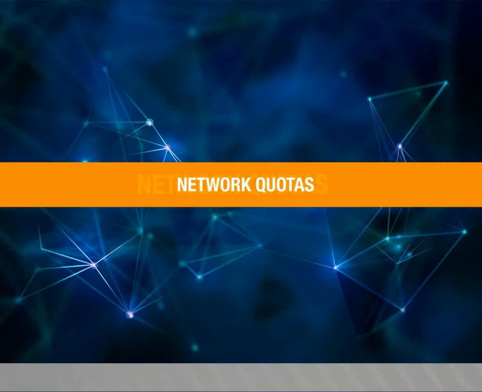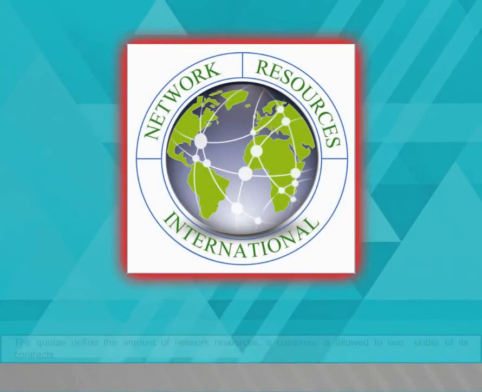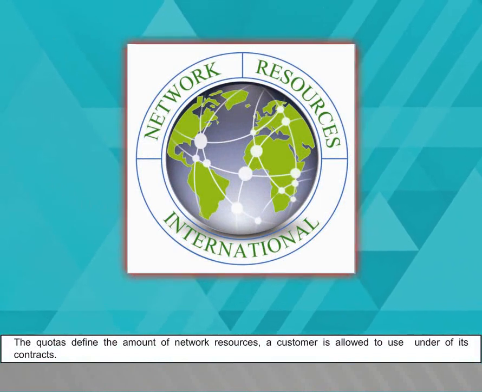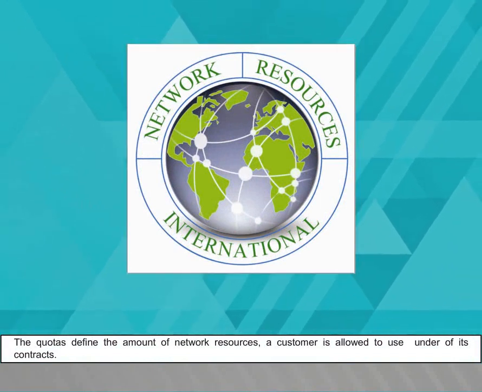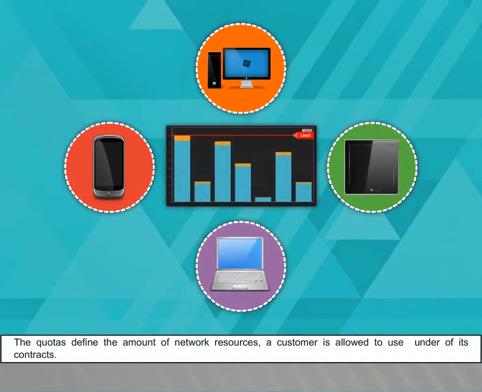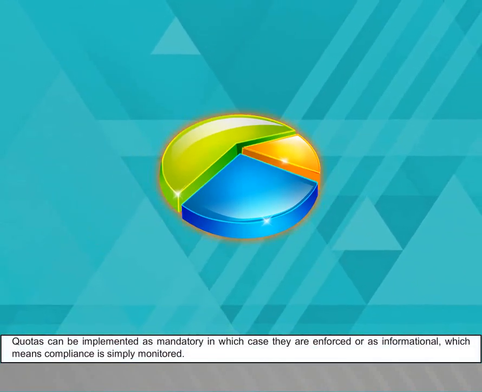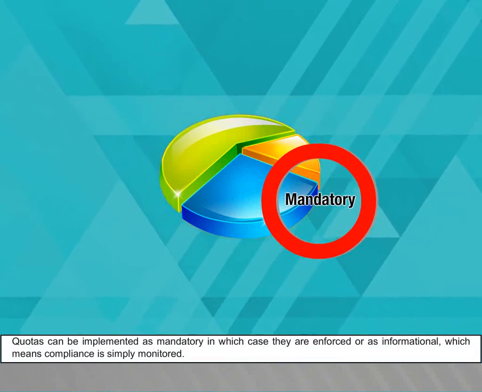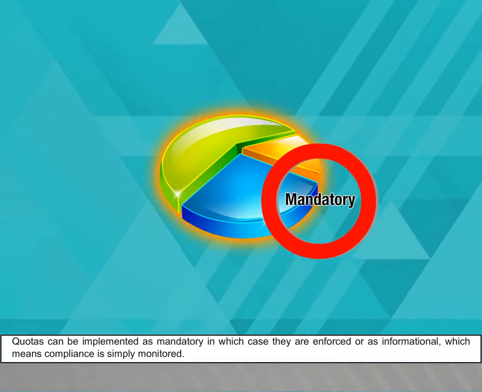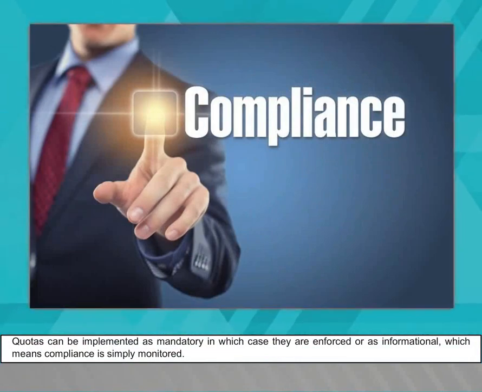Network quotas. In this video, we are going to see about network quotas. The quotas define the amount of network resources a customer is allowed to use under its contracts. Quotas can be implemented as mandatory, in which case they are enforced, or as informational, which means compliance is simply monitored.